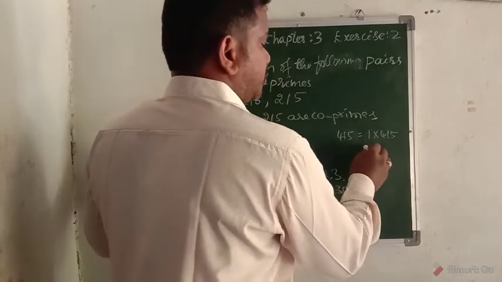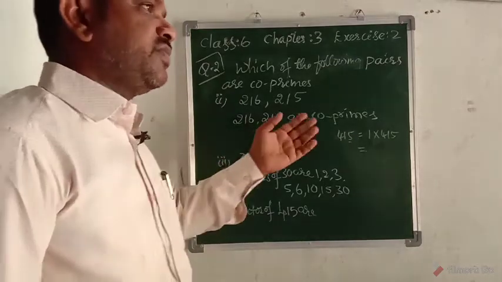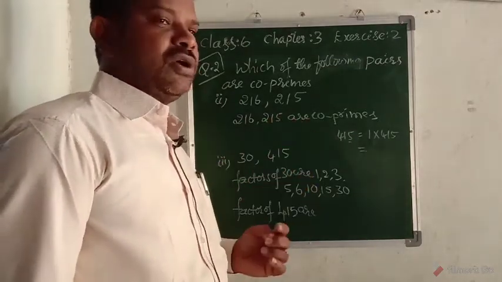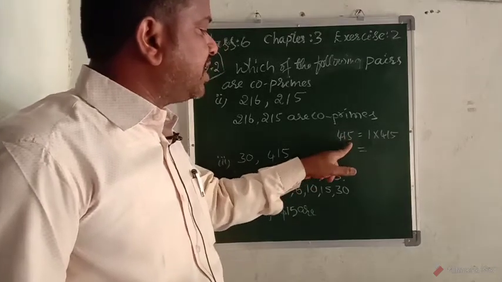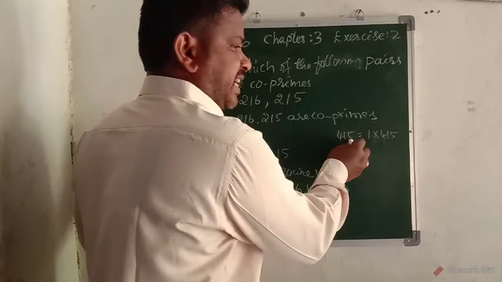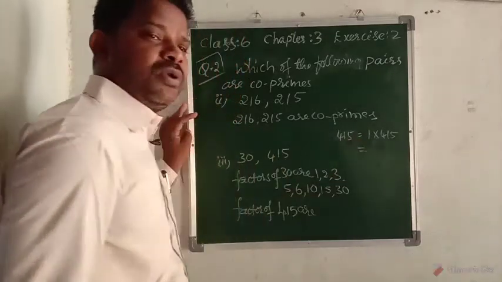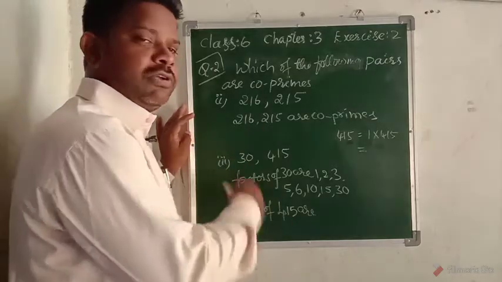Next 2: in the units place the digit is 5, so this number is not divisible by 2. After that we'll check by 3. 4 plus 1 is 5, 5 plus 5 is 10. 10 is not a multiple of 3, so 415 is not divisible by 3.